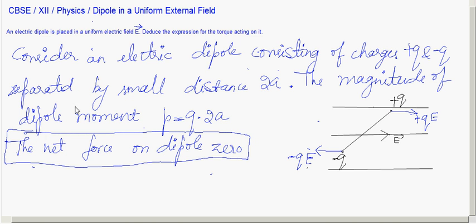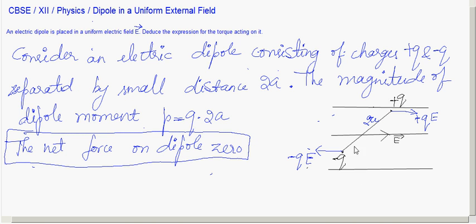However, since the charges are separated by a distance 2a, the forces act at different points, so this results in a torque. Our question is to find the magnitude of that torque.